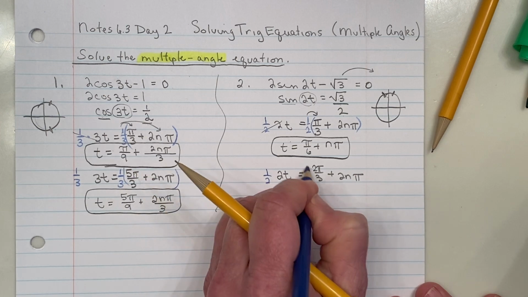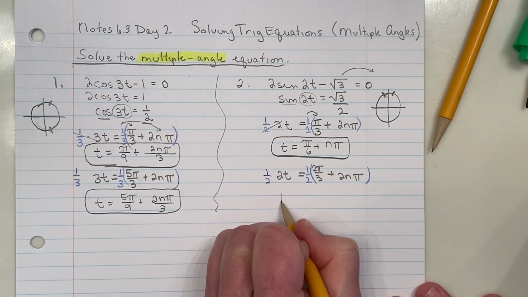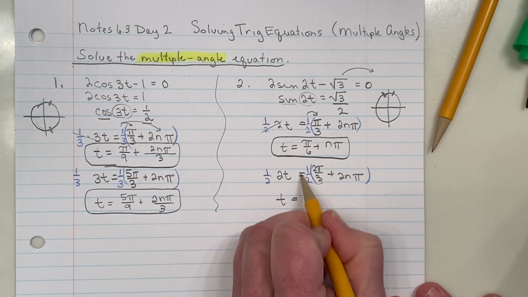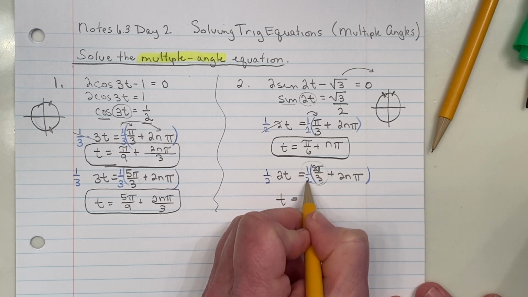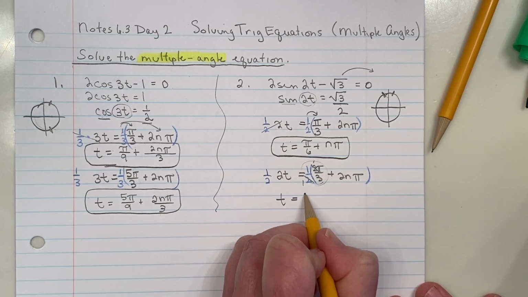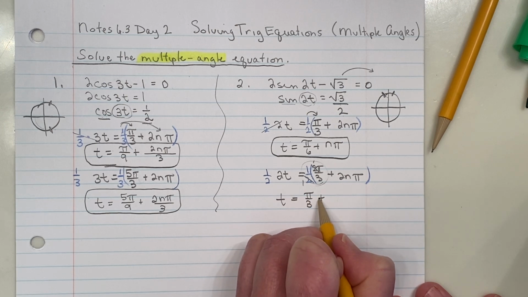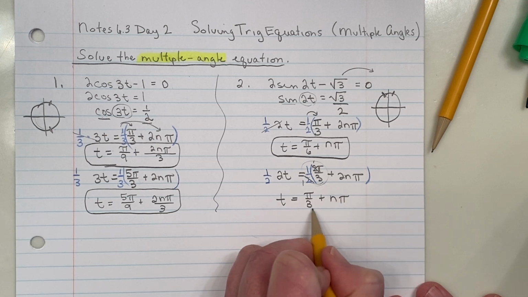Okay, let's isolate t again, multiply both sides of the equation by 1/2. Multiplying here gives 2 pi over 6, which reduces to pi over 3. Okay, so we get pi over 3 plus, and then 1/2 times 2n pi would just result in another n pi.